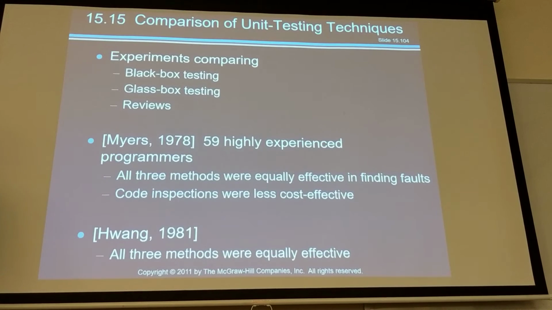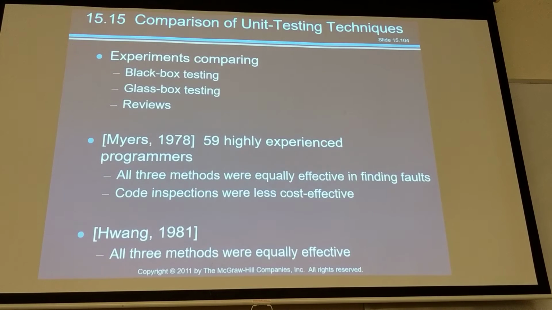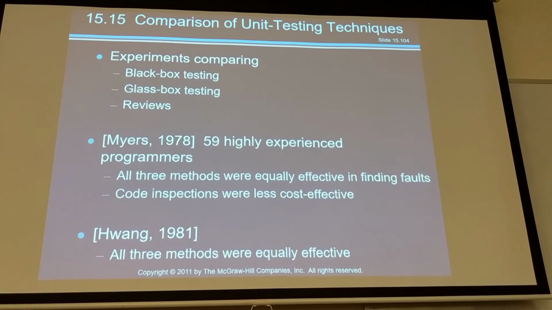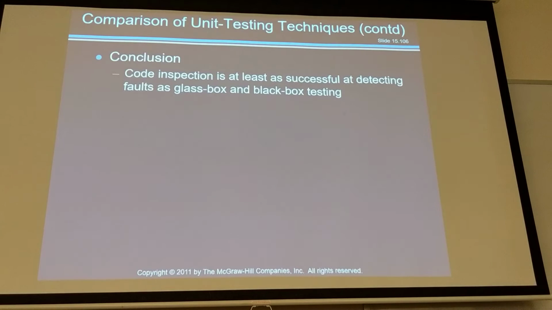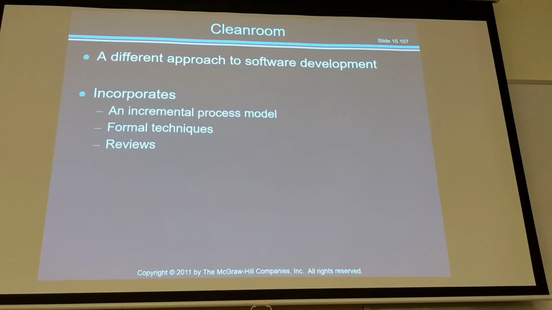Yeah, people have been thinking about these things, publishing papers and doing studies on this, because this is actually very important. This always has been an important issue in software engineering, because we are actually spending way too much time testing and debugging. That is essentially a study. So code inspection is as good as glass box and black box testing.